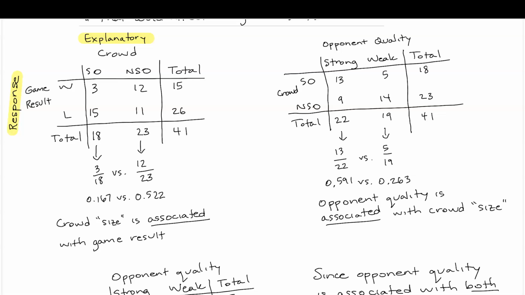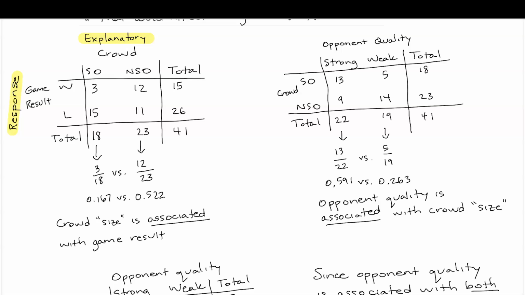So in that instance, we could think about opponent quality as the explanatory, and the crowd size, whether they played a sellout crowd, depending on the strength of their opponents, as the response or the dependent. And so these are the proportions we created, I think, in number 7: 13 out of 22 sellouts against strong opponents versus 5 out of 19 sellouts against weak opponents.